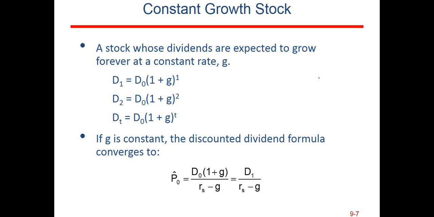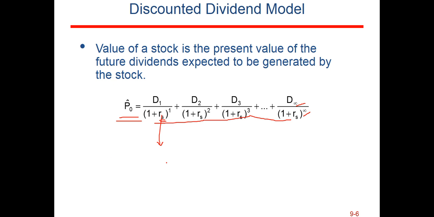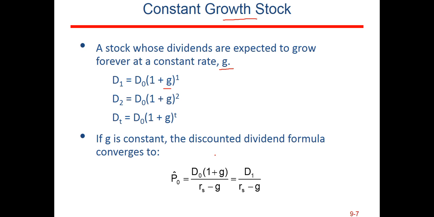One assumption is constant growth. What you are saying is the dividends will grow at a constant rate g. If you make that assumption, then doing some arithmetic, your formula reduces to pretty much this: the dividend a year from now divided by the required rate of return minus the growth rate.